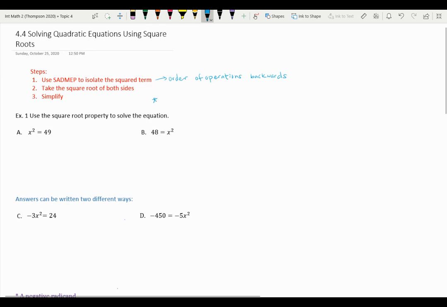Of special note, squaring and square rooting are inverse operations. What's meant by that is just like addition and subtraction are inverse operations, or multiplication and division are inverse operations. Squaring and square rooting are the inverse operations.